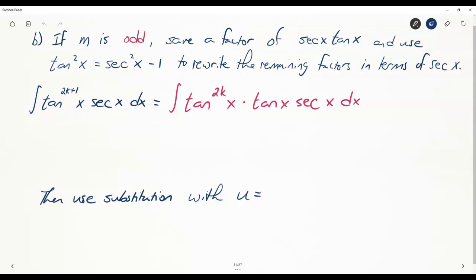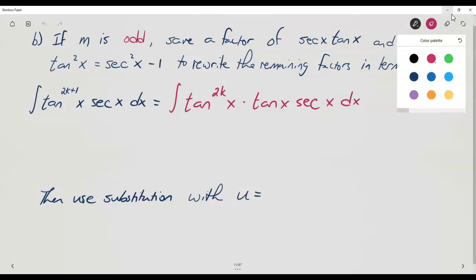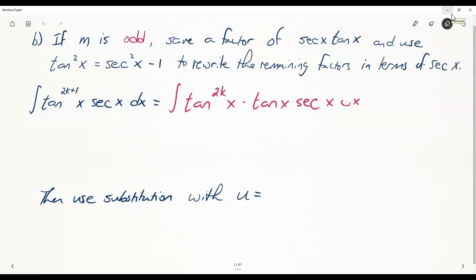It looks like I'm going to have to fix this line because this should be an n. There should be a secant n minus 1 over here now. This will be better. So secant n minus 1 of x.